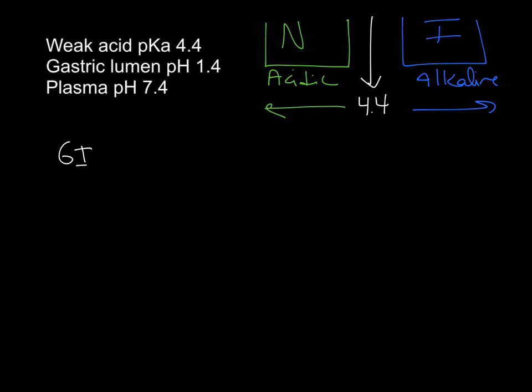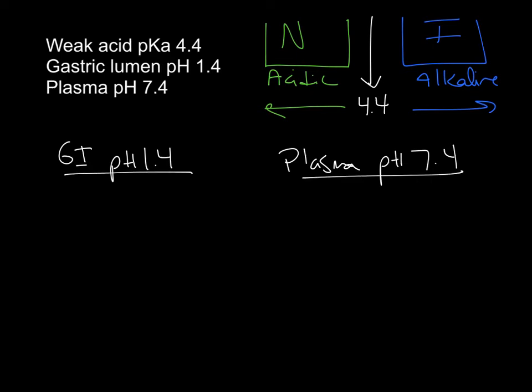So in our GI lumen, we have a pH 1.4. And in our plasma, pH 7.4. So the first step before we can compare the two is figuring out what this drug will do in each of these compartments.